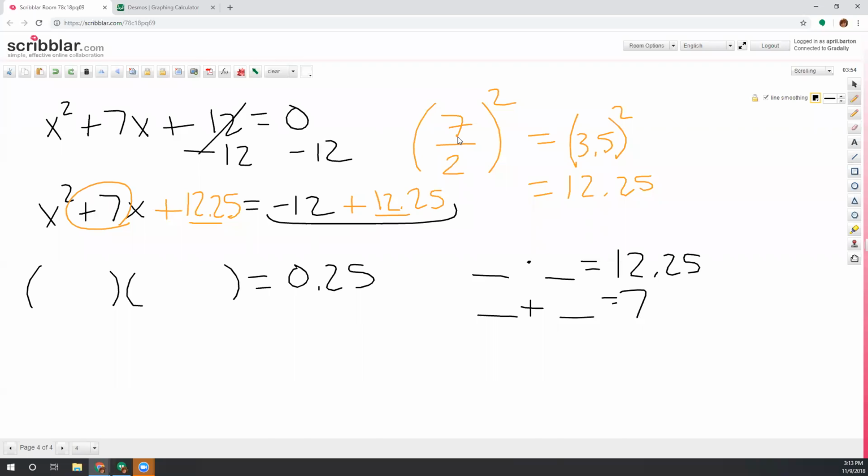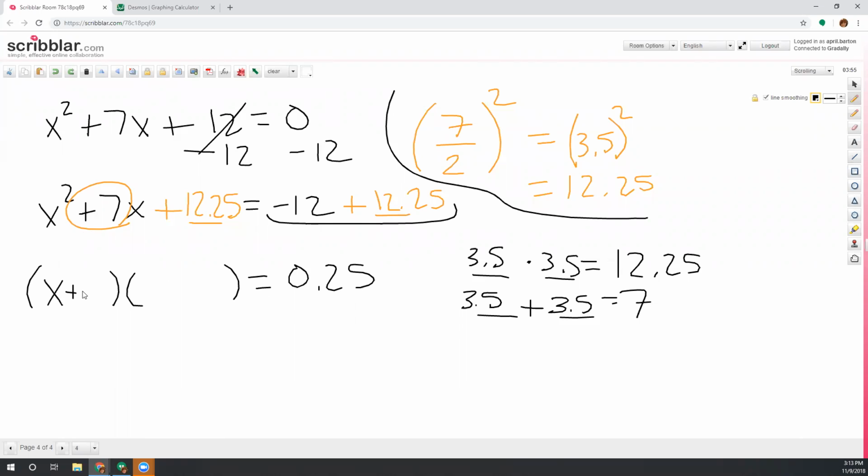The process we did up here, this kind of work to the side, gave us a number and a middle step, that 3.5, and that actually is the correct number. 3.5 times 3.5 gives you the 12.25, and 3.5 plus 3.5 gives you 7. So that is one cool thing about this process, is that part of what you need was already done when you were trying to get somewhere else.